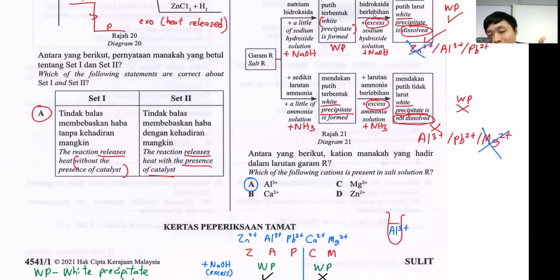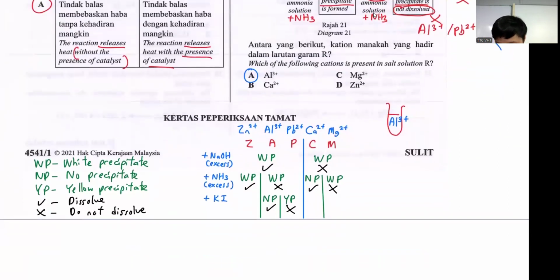Either of the three, right? You don't know yet. But when you add excess ammonia, you get white precipitate that does not dissolve. WPX, when you add excess ammonia, is aluminium, lead, or magnesium. Am I right?